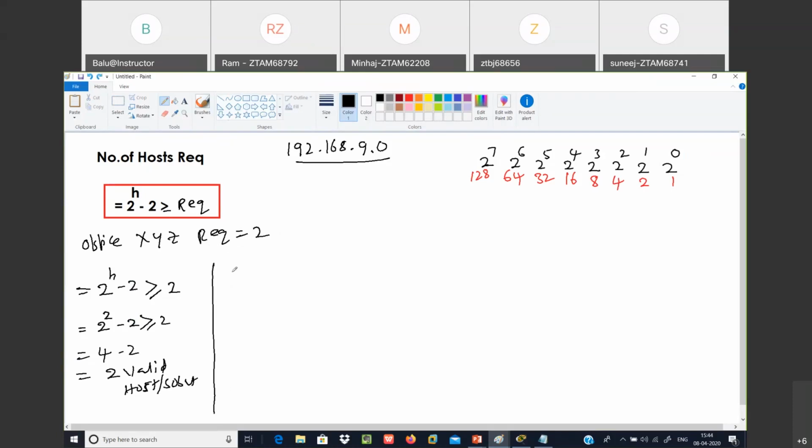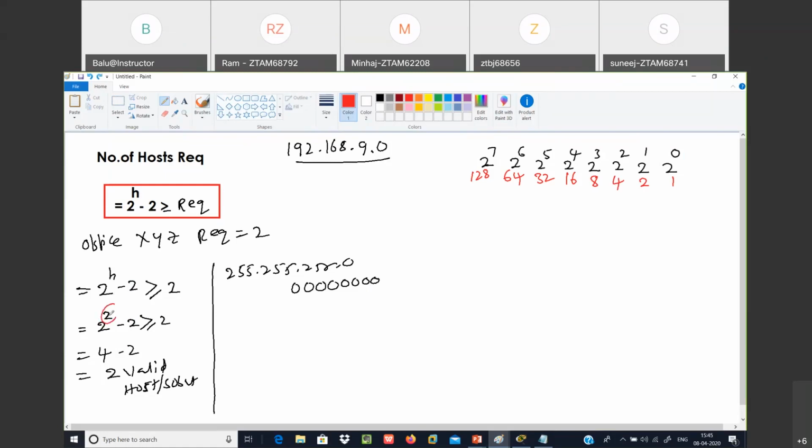Class C subnet mask: 255.255.255.0, like 1, 2, 3, 4, 5, 6, 7, 8. Now how to convert? What will be the customized subnet mask? 255.255, and the last 2 bits leave as zeros, and all the remaining need to be converted, because your 2 power h value is 2, so leave 2 zeros.